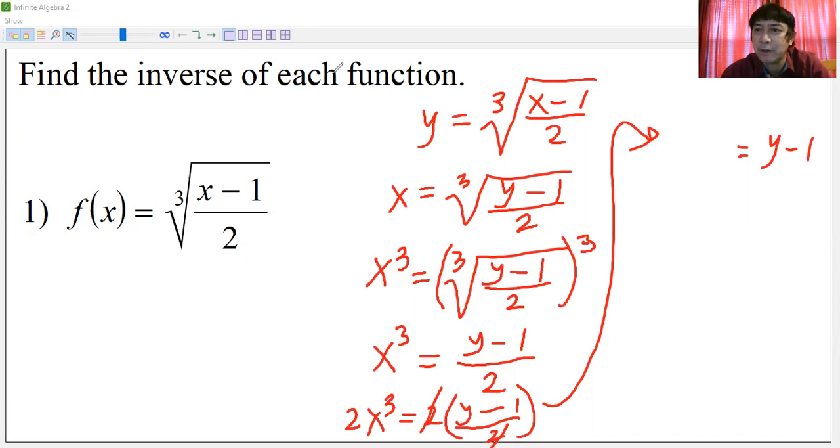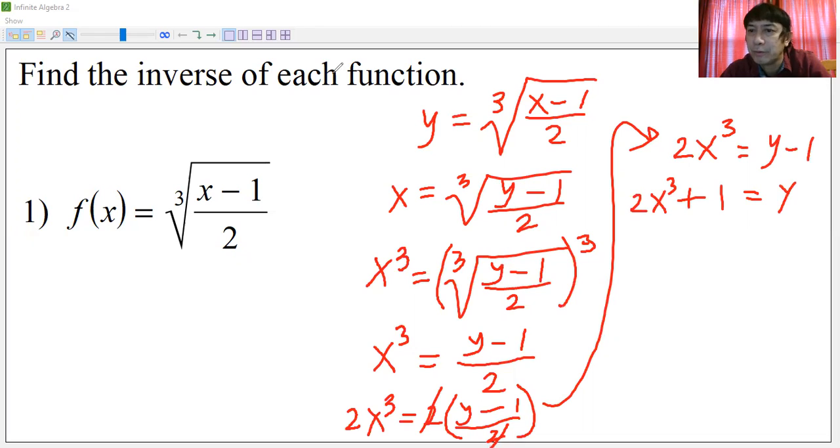The left side remains 2x cubed. We're almost finished. We'll just transpose that negative 1 to the other side, making it positive. So the left side will become 2x cubed plus 1, and the right side will just be y.